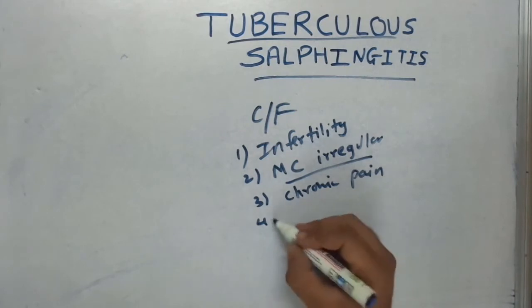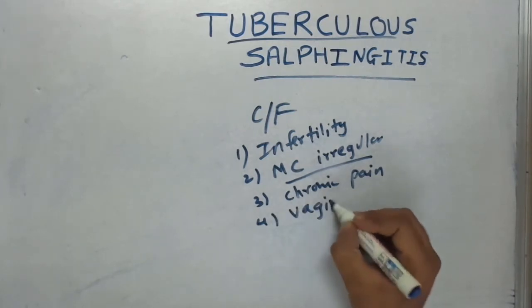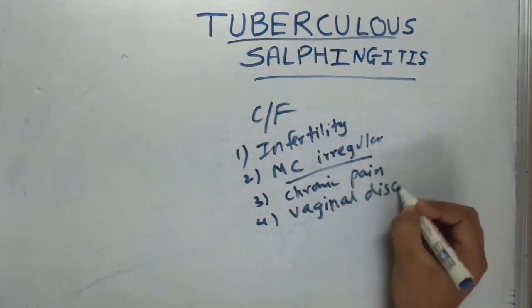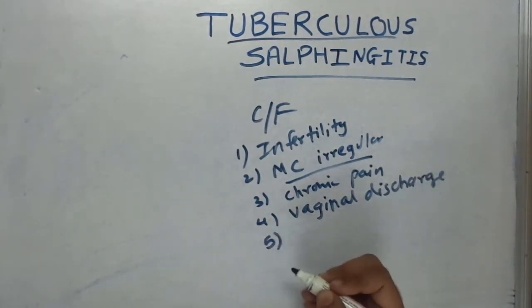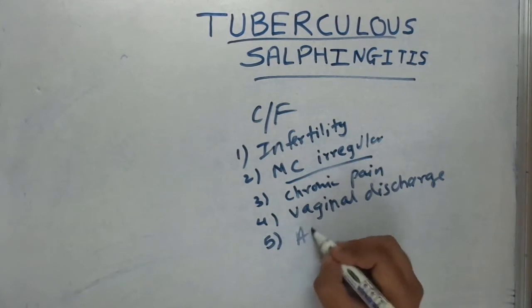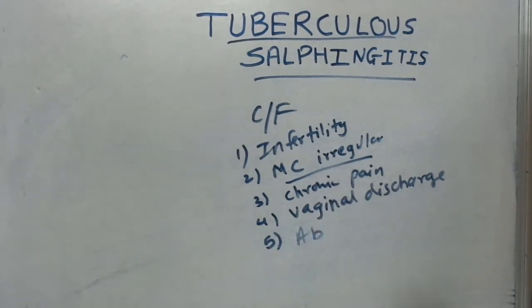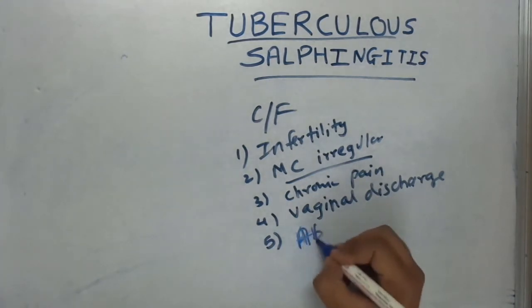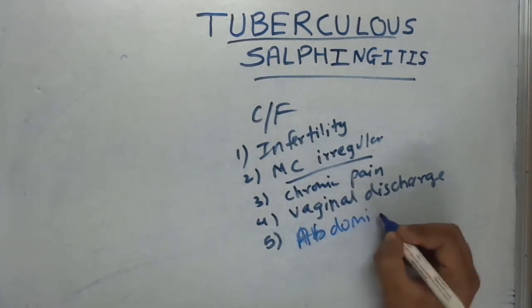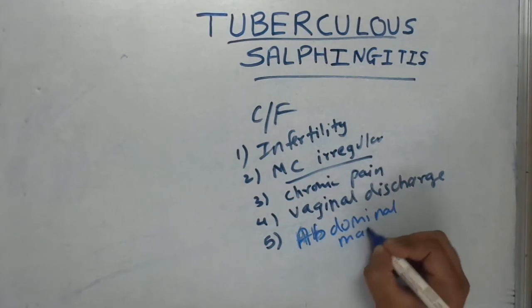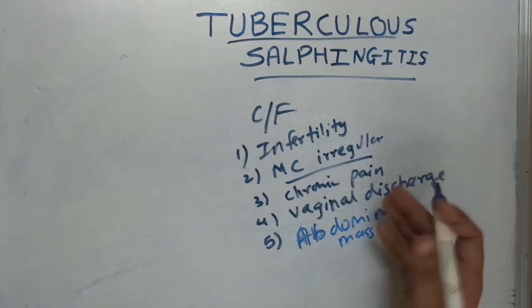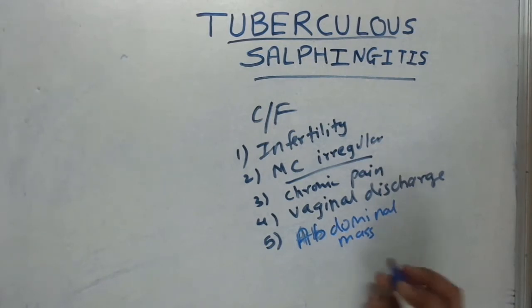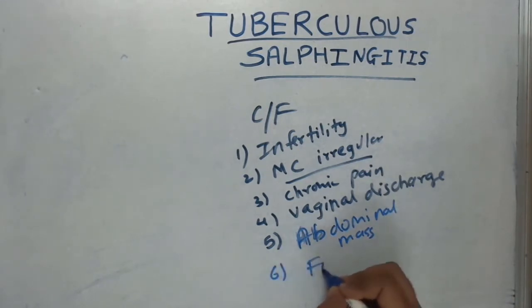Then in some cases vaginal discharge. Then abdominal mass. In case of peritonitis, we can see Doughy field, as we have seen earlier. In some cases, fistula formation.